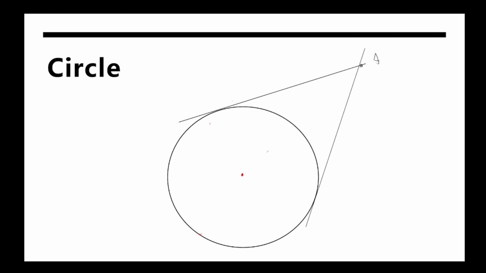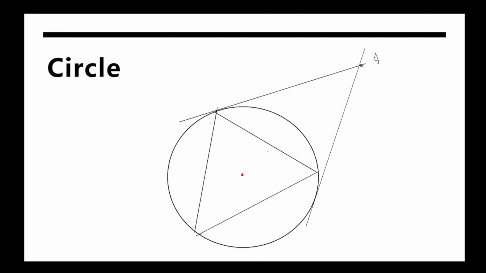Now move on to tangents. A tangent to any shape or any curve means that the intersection is only one point. These are all tangents, and the angle between the tangent and this radius is 90 degrees. So this would also be 90 degrees. And if the tangents are from a point, for example point A, the lengths of the two tangents are equal.